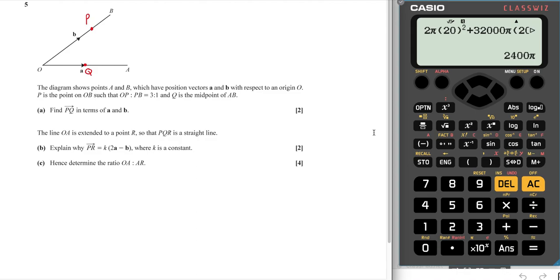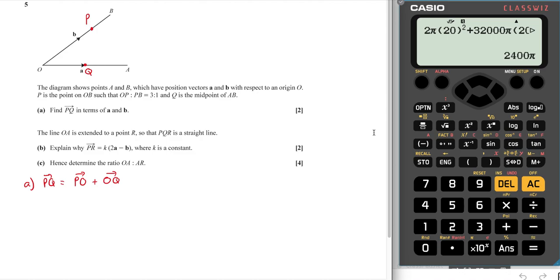Okay, let's have a look at what's going on there. Find P to Q. So P to Q, I need to go from P to O, and then I need to go from O to Q. That's the easy part. Now we've got to work out what some of these are.